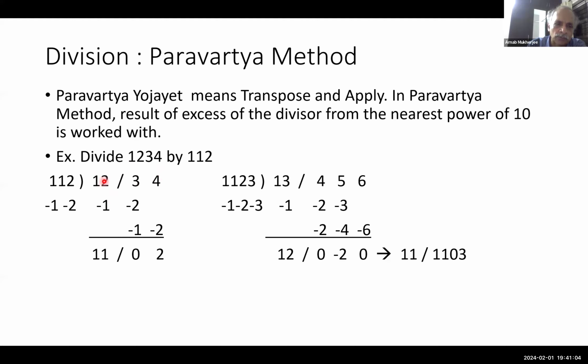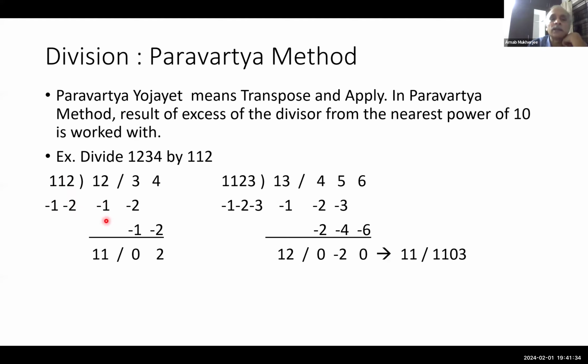Had I divided by 100, 12 would have been my quotient and 34 would have been my remainder. But for 112, I write -1, -2. We could have written Vinculum also, above also -1, -2, because it is 12. But it is deficiency, -12 deficiency means actually 12 excess.